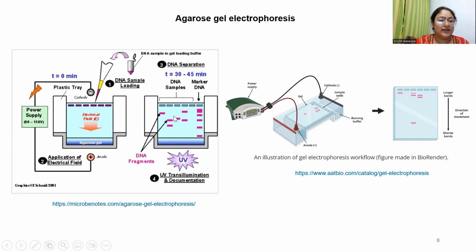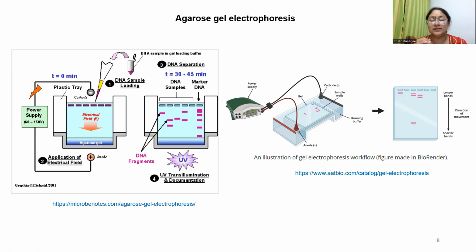This is the chamber, and this is your gel. These are the wells in which you load your DNA, and then you connect it with a power supply, with a negative cathode and a positive anode. There's a buffer through which the ions pass, electricity is generated within it, and your DNA will get resolved.